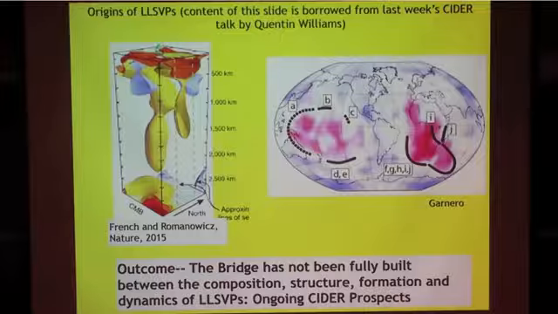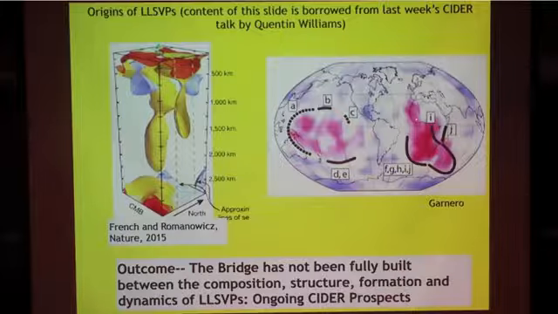Okay, so in addition, of course, we have seismic observations of structures in the lower mantle. So I have just borrowed all the content of this slide from a talk that Quentin Williams gave last week. I even preserved the yellow background. So this is mainly to remind you that the lower mantle has structure that plays into this, and that we don't fully understand what these structures are.